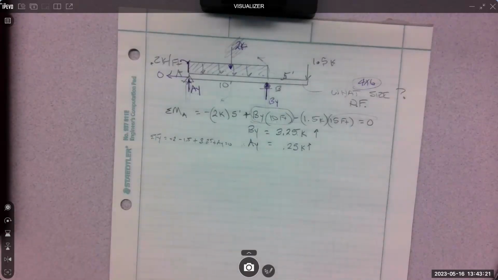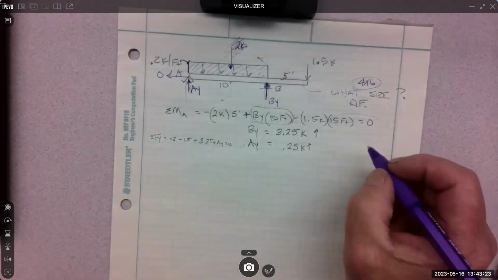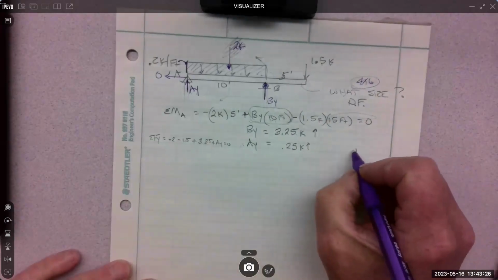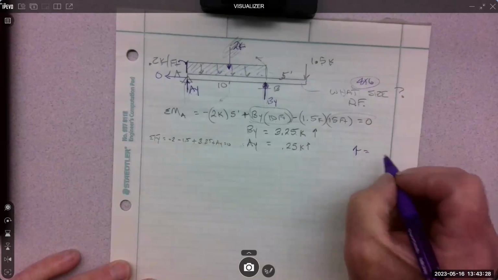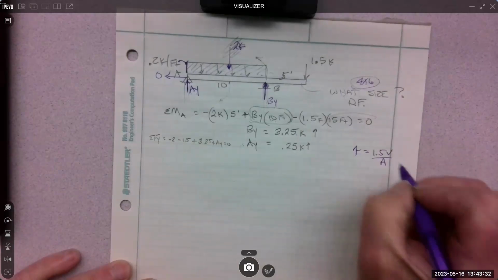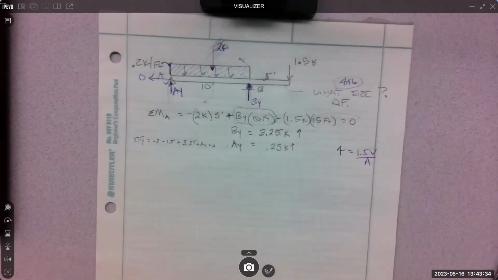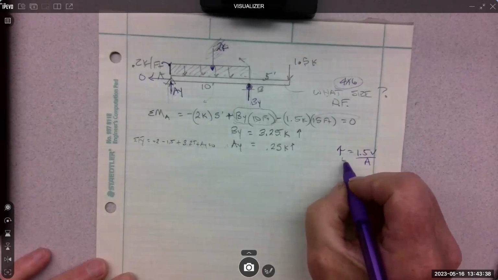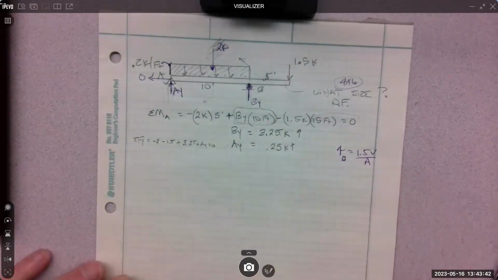So what we need to know is what we're going to use, and we're going to use shear stress, which is 1.5 V over A. That's the equation for shear stress for a rectangular beam. Try to draw a little rectangle there because it's very specific to the shape.